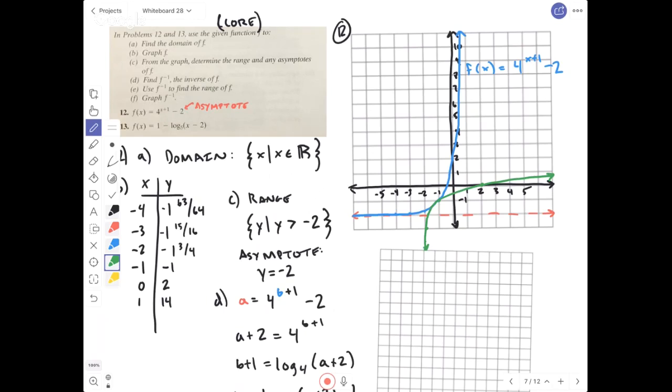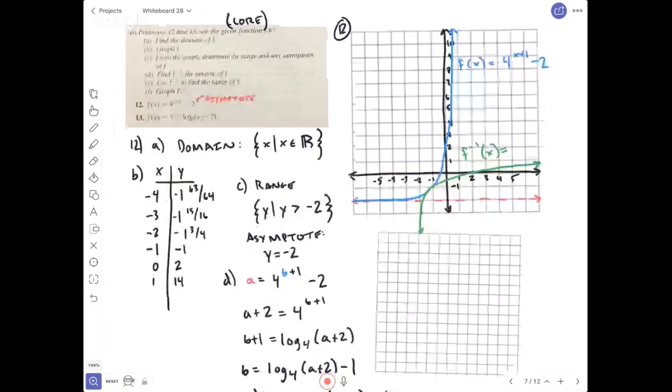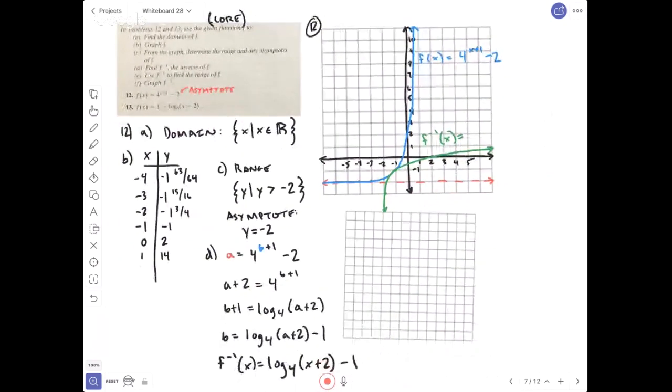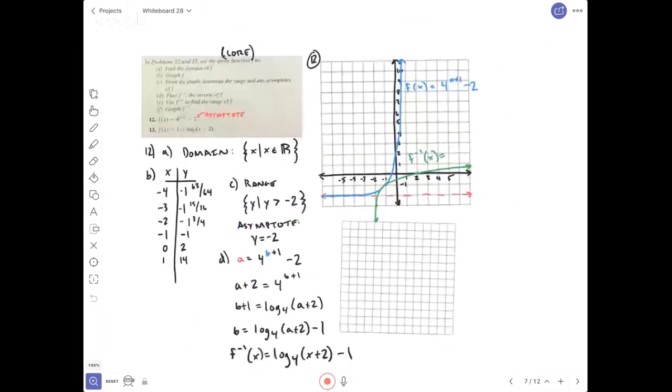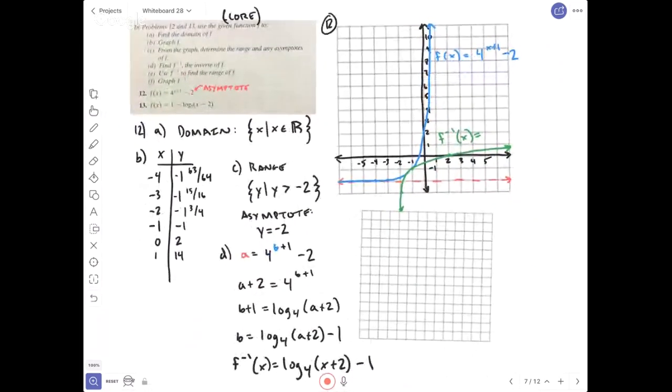That is the graph of f inverse of x equal to log base 4 of x plus 2 minus 1 in green.